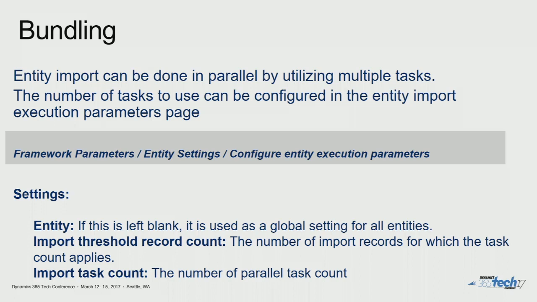Then you can mention your record threshold. The record threshold could be 500 records or 100K records. For each 100K records, let's say I want 10 parallel tasks or batch tasks. That's where your import task count comes into the picture.